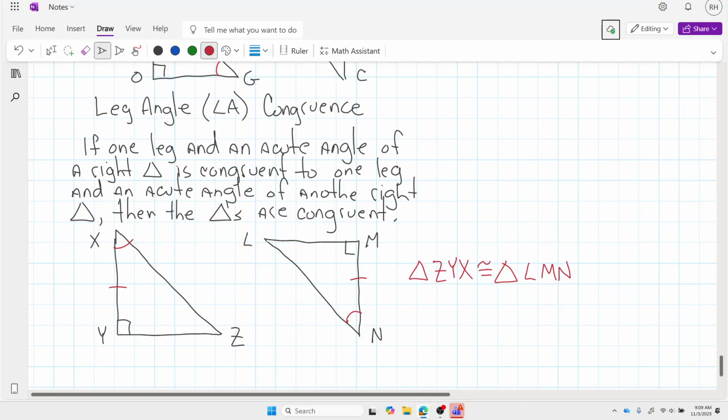And one more theorem down there on the bottom of page 311. Hypotenuse leg congruence. You should be able to write that theorem just by the name of it. Hypotenuse leg.